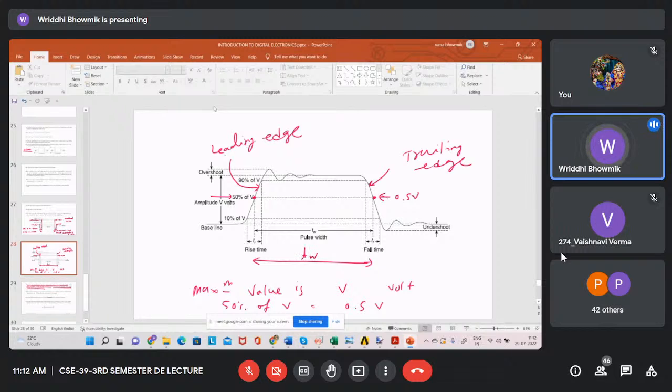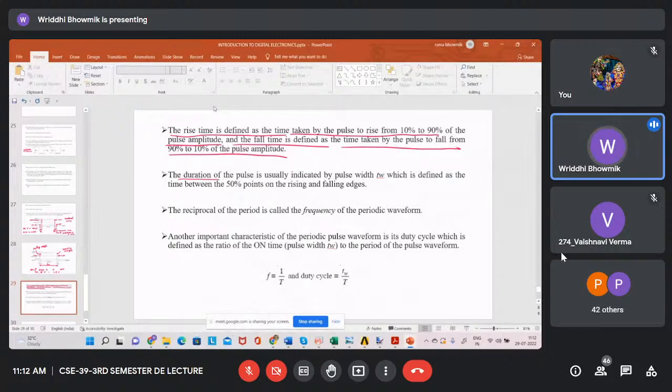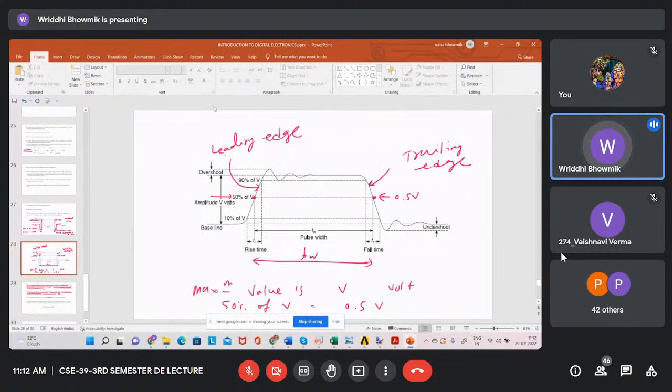It is written here: the duration of the pulse is usually identified by the pulse width T suffix W, which is defined as the time between the 50% points on the rising and falling edge. So here we have pointed out the 50% point on both the rising and trailing edge, and the time duration between these two points is the pulse width TW.